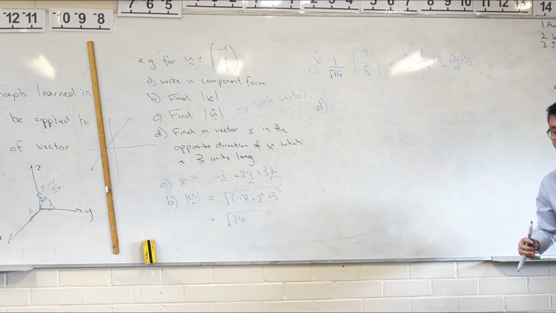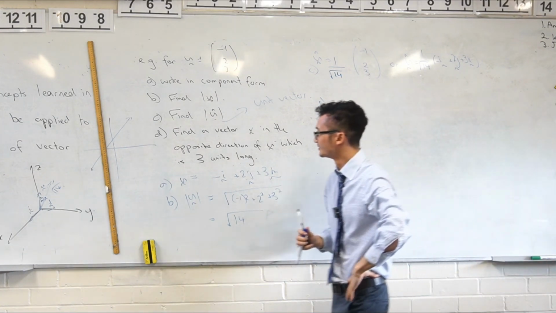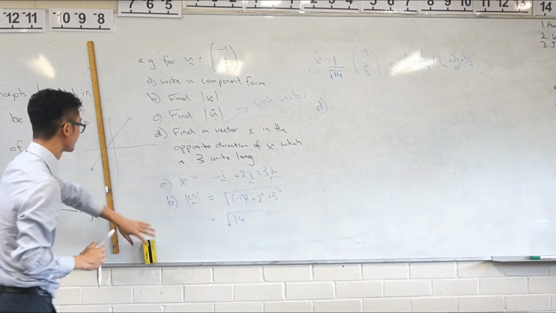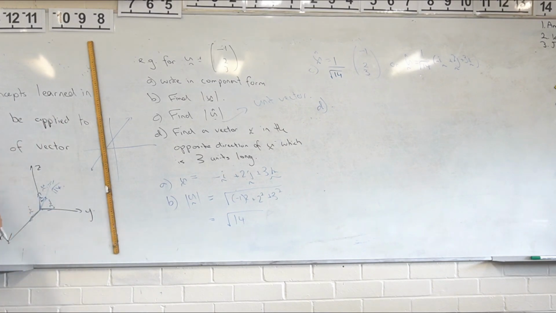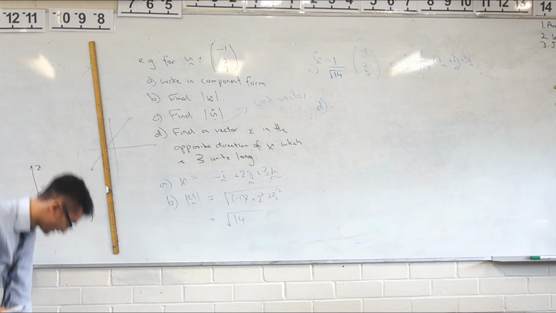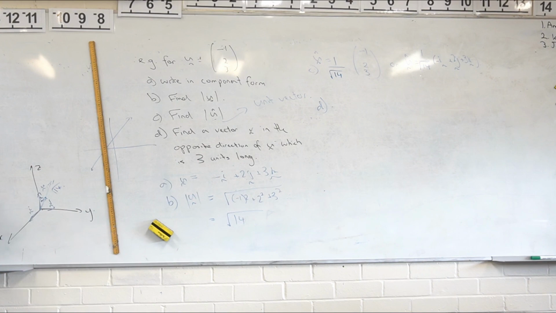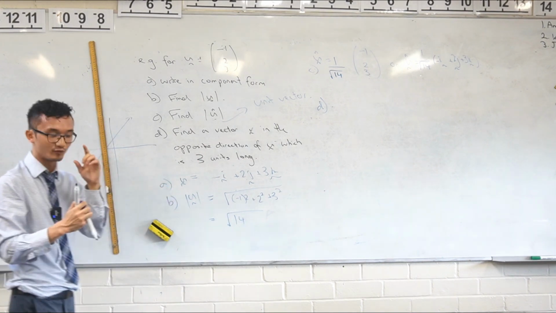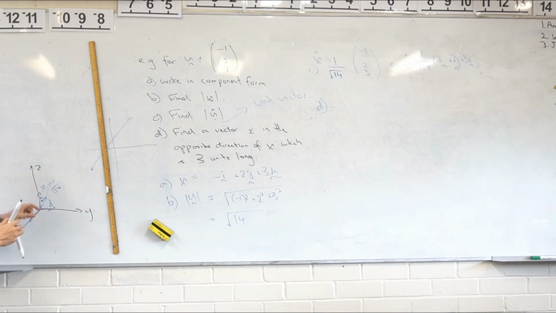D. What do you reckon about D? Think about what the question is asking. I like the visual idea, it's just hard to represent. So we've got this vector u, and once we have it in its unit vector form, what's good about it?